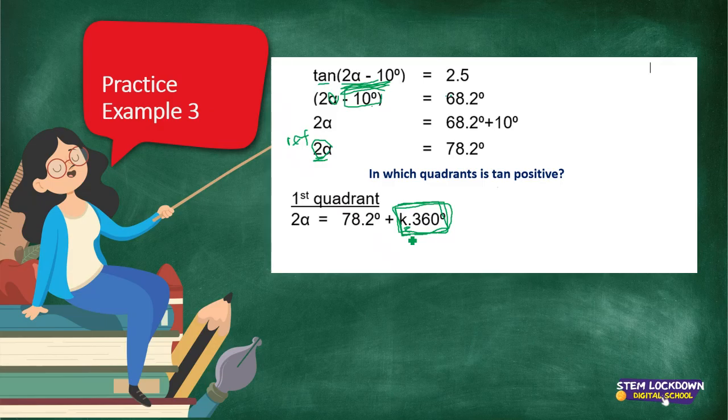The purpose of this part is really just to allow you to work within whatever range you want. Remember, we're using 360 because 360 takes us full circle. This is an entire period, an entire revolution.